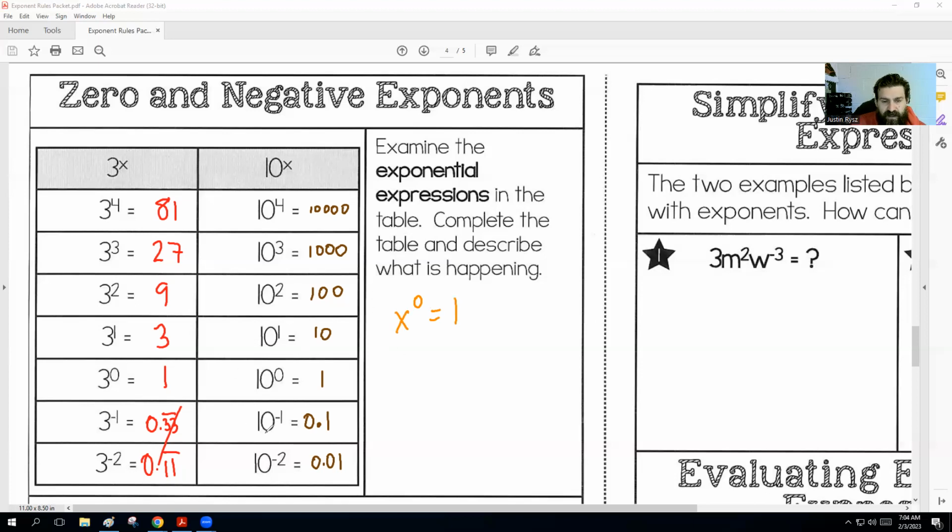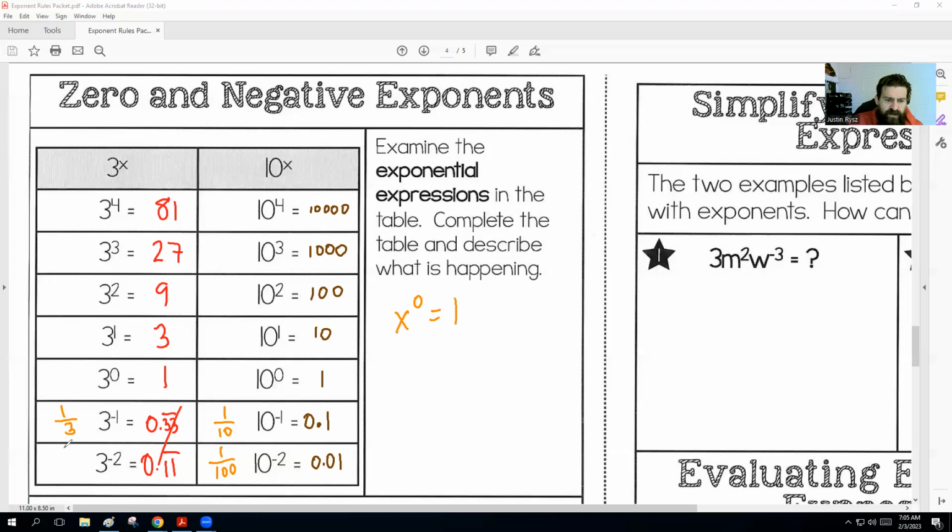Here's another thing. You might know what 0.1 is as a fraction. If you don't, you can use a calculator. 0.1 as a fraction is 1 over 10. Doing the same thing, 0.33 repeating as a fraction is 1 over 3. 0.01 is like 1% or 1 out of 100.